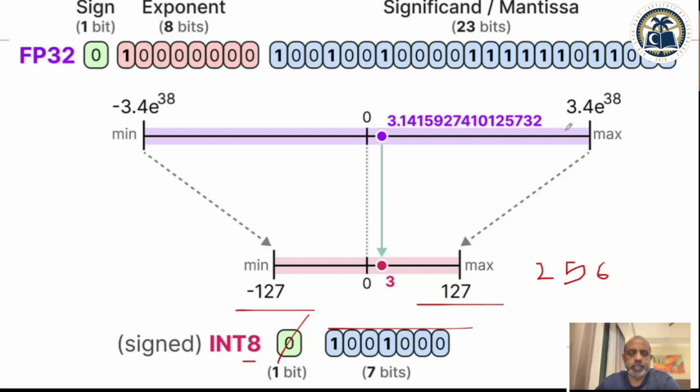So many of these will be mapped onto just one number, because there are only going to be 256 possibilities.